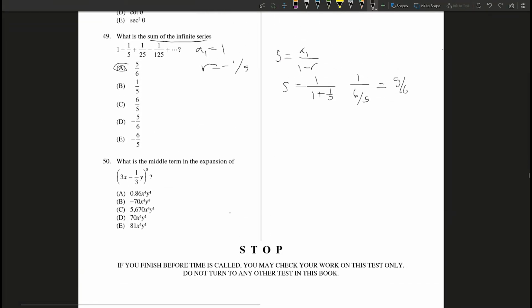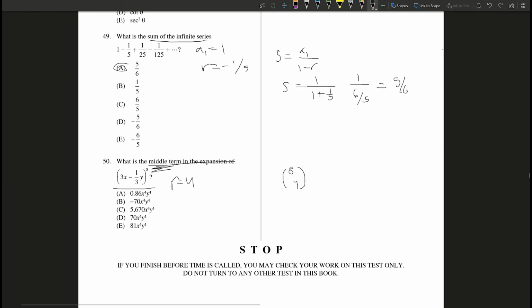So the last question, number 50, asks, what is the middle term in the expansion of this? What you want to remember is that our degree is 8 and our r is 4. So r equals 4 because we want the middle term. So we want to do 8 choose 4. In that notation, I'm going to write 8 choose 4. And as I said, our r is 4.